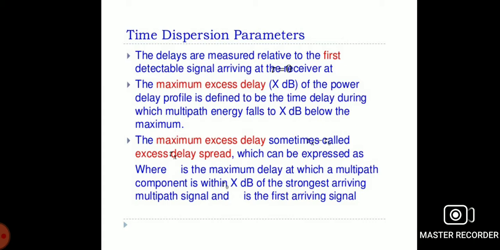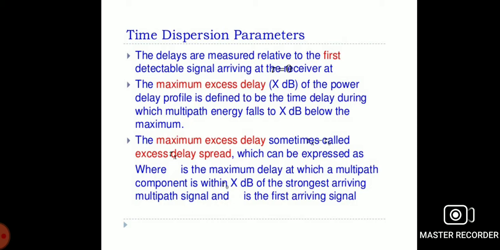This RMS delay spread is given as the square root of tau square bar minus tau bar whole square. So the RMS delay spread is nothing but the square root of the second central moment of the respective power delay profile, and the mean excess delay is nothing but the first moment of the same power delay profile measurement.